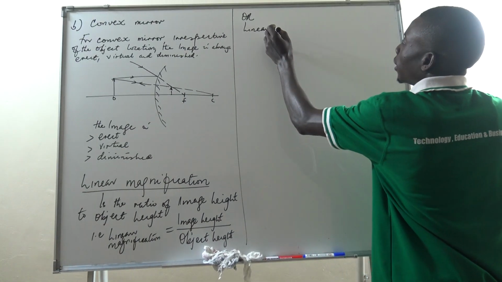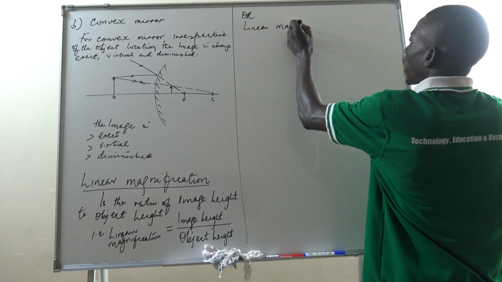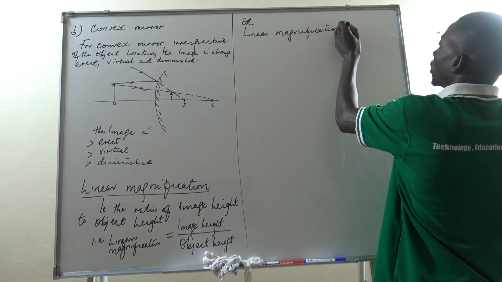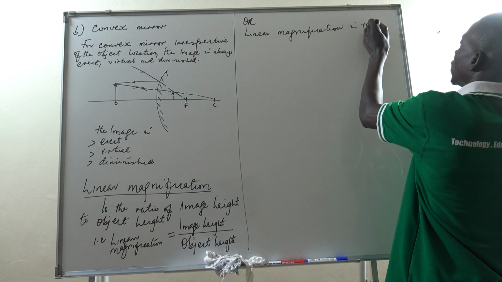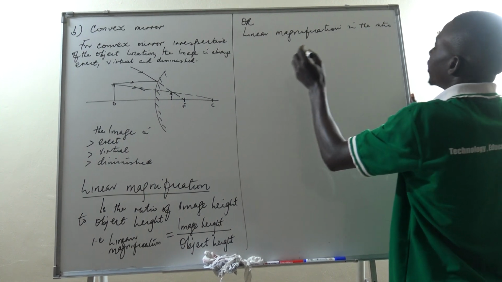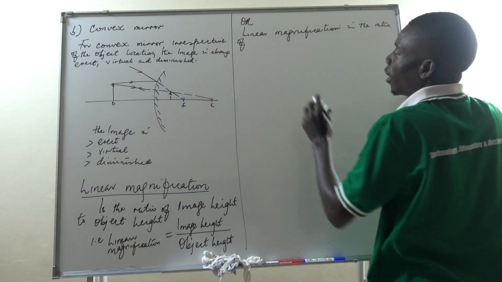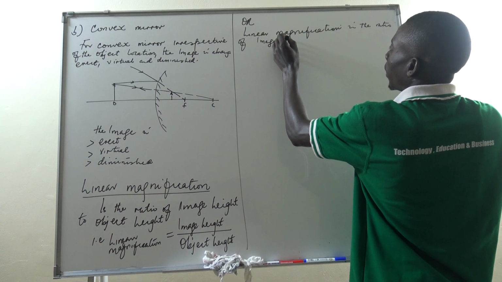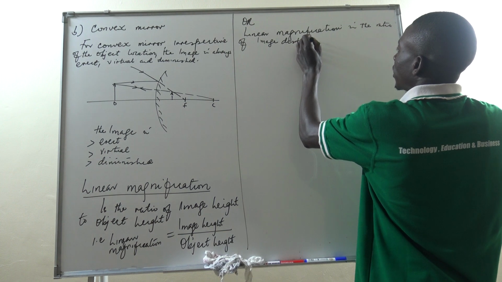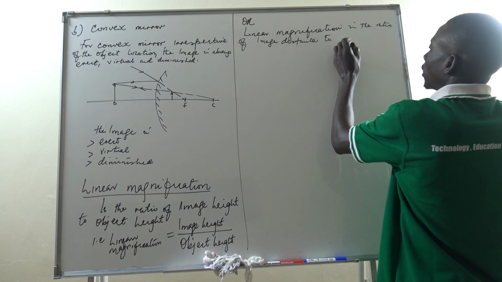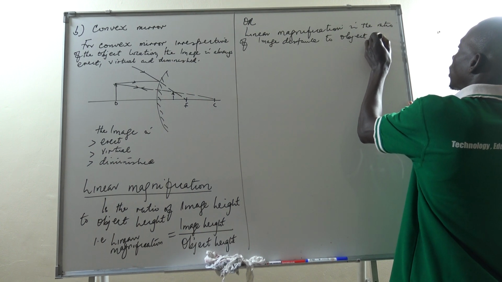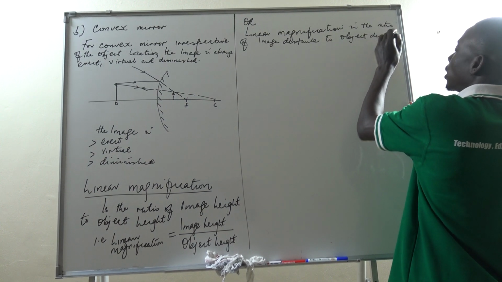Or another person can say linear magnification is the ratio of image distance to object distance.